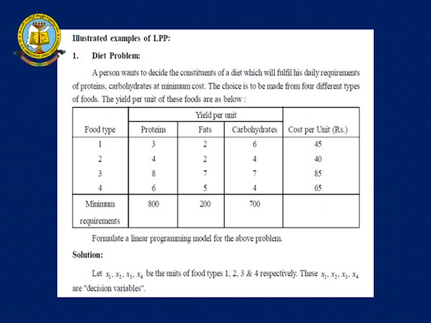X1 indicates the first food, X2 the second food, X3 the third food, and for food 4, X4. So, X1, X2, X3, X4 are the 4 variables which indicate the 4 different foods respectively, and these are the decision variables.